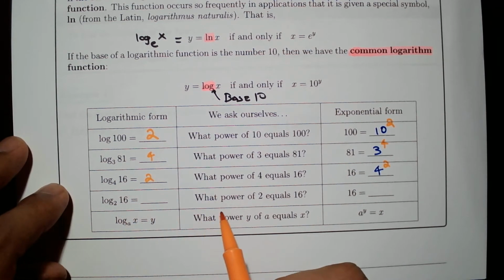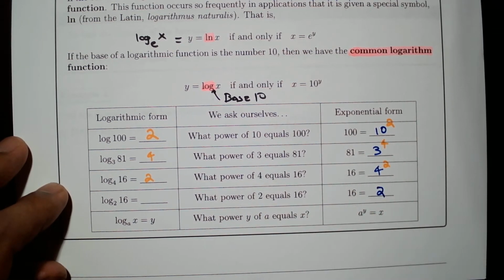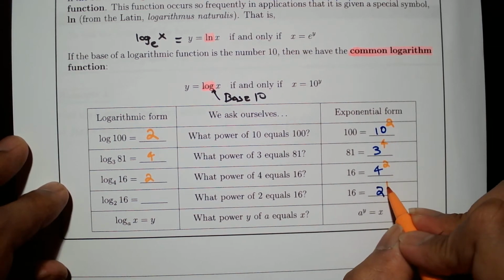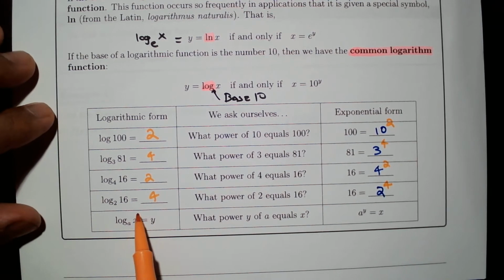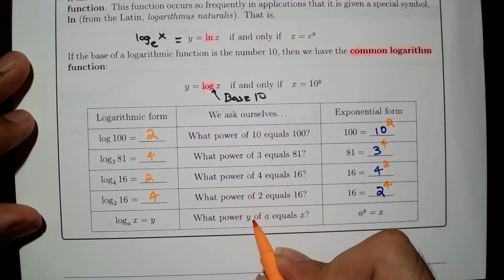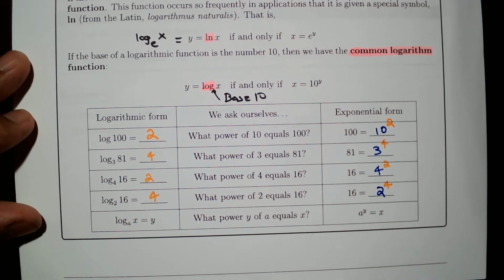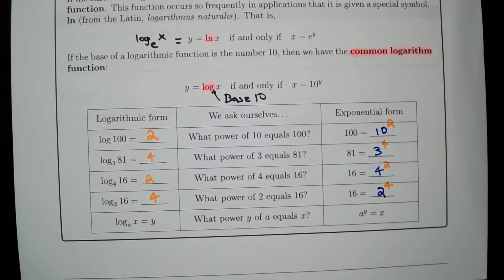Log base 2 of 16 is asking ourselves what power of 2 equals 16, which in this case will be 4. In general, when we see an expression like log base a of x equals y, what power y of a equals x. In other words, a to what power equals x. So that's how we evaluate a logarithmic expression.